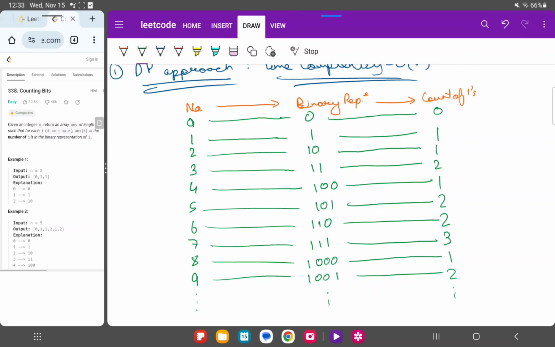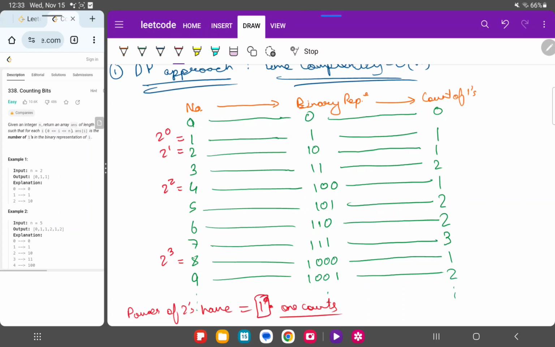So the first thing you need to notice is powers of 2. 1 can be written as 2 raised to power 0, 2 can be written as 2 raised to power 1, 4 can be written as 2 raised to power 2, 8 can be written as 2 raised to power 3, and so on and so forth. So how many ones do powers of 2 have in them?